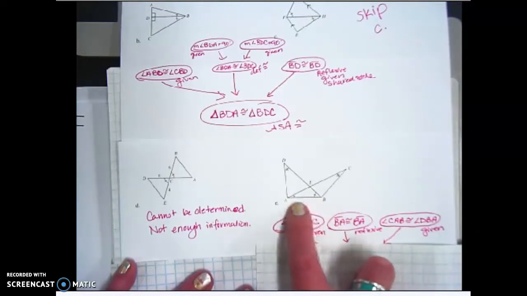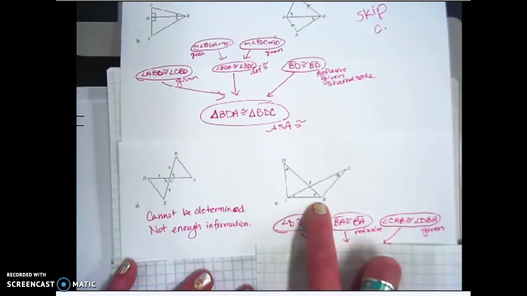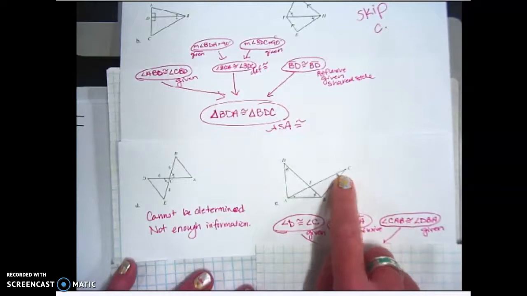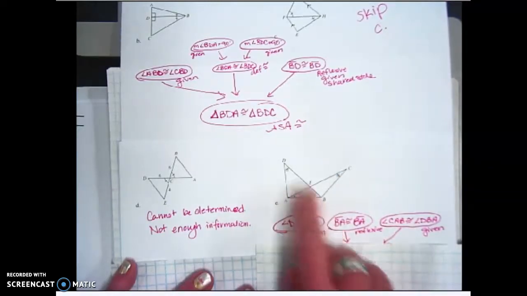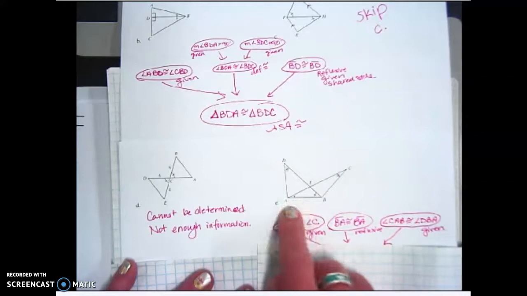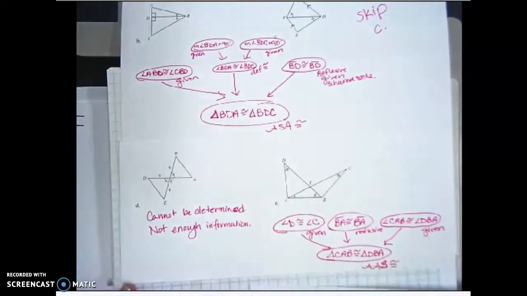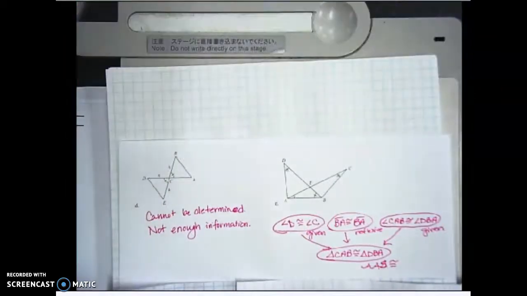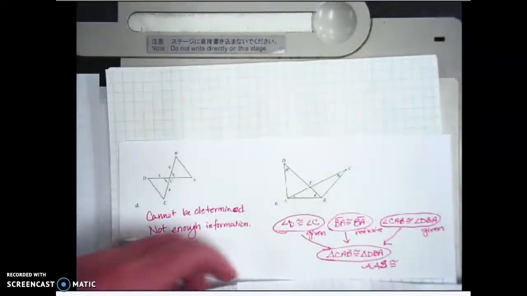So we just need to decide, is this side between the two angles or after the two angles? Here's this angle, and then this side. This angle, and then this side. So the side is going to come after. This one's congruent by angle angle side. So we're going to say that triangle CAB is congruent to triangle DBA by angle angle side.